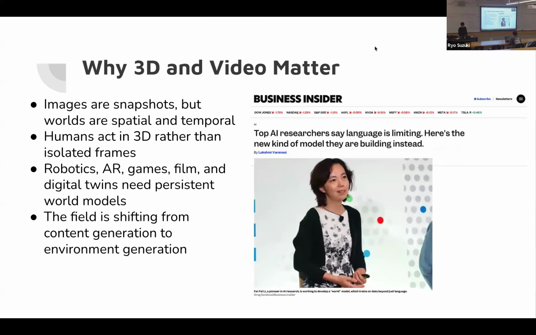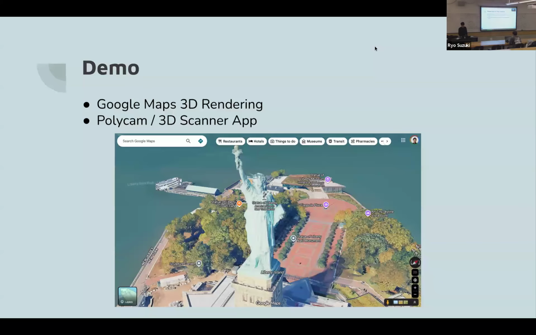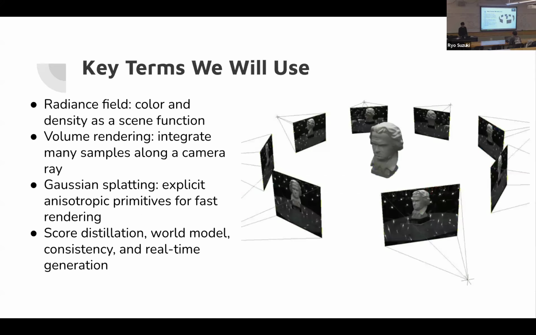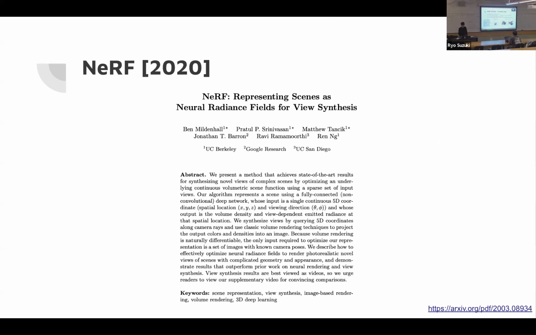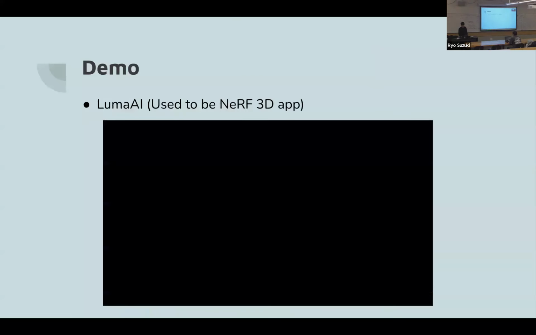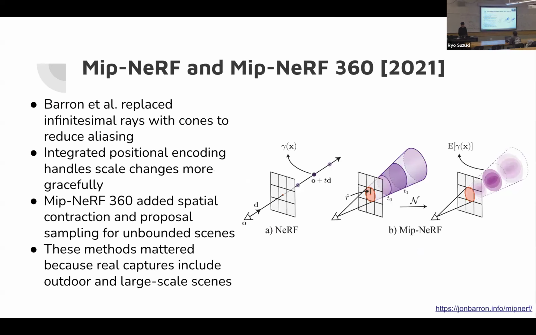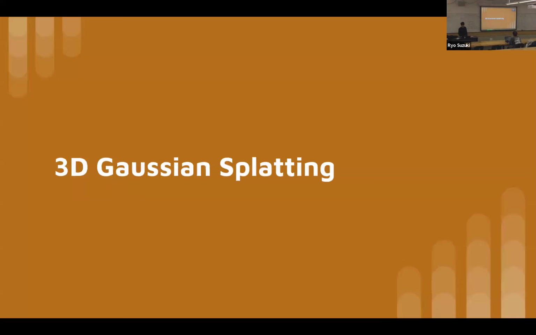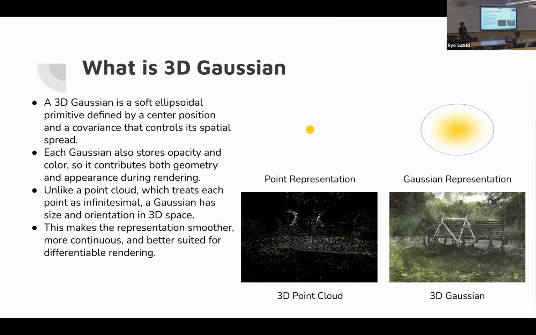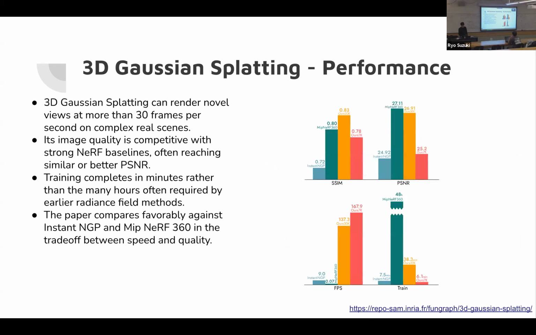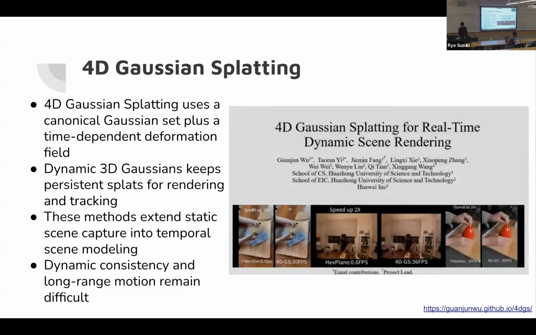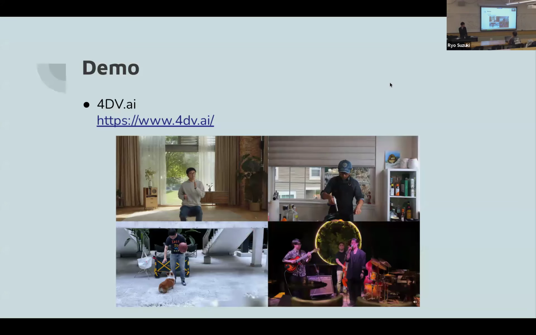What we had is video generation, 3D, like neural radiance fields. We also covered 3D Gaussian splatting, and we demoed an app-based 3D Gaussian splatting, and also 4D Gaussian splatting, such as 4DV.ai.